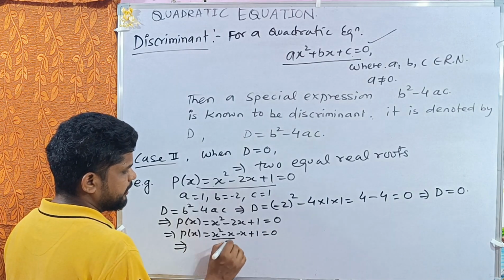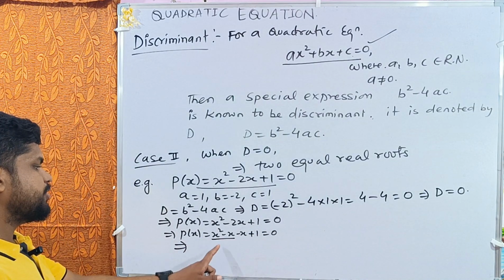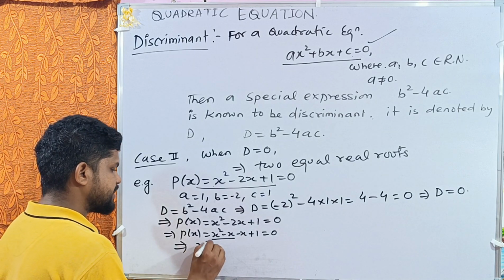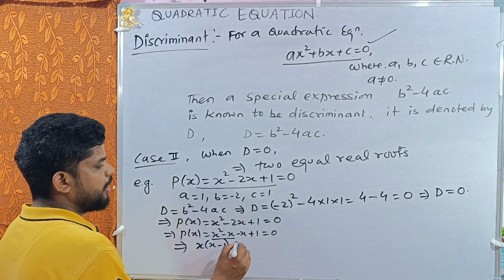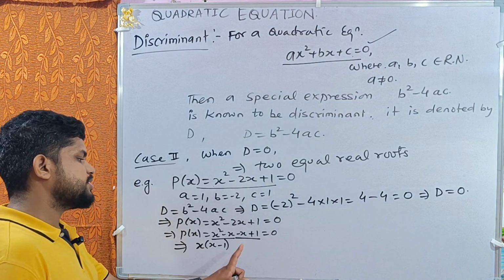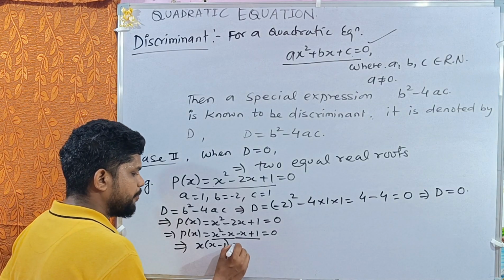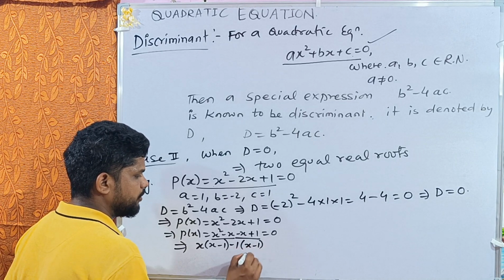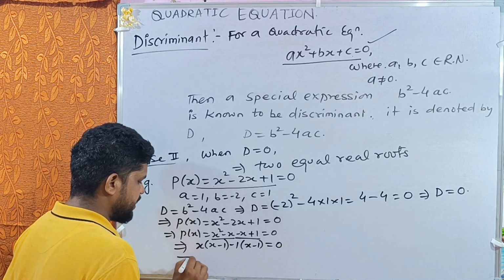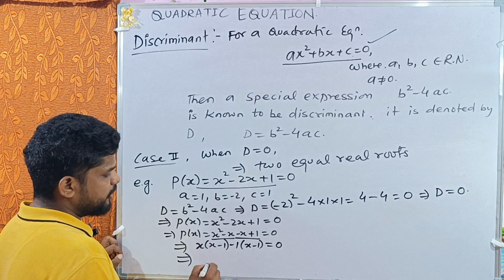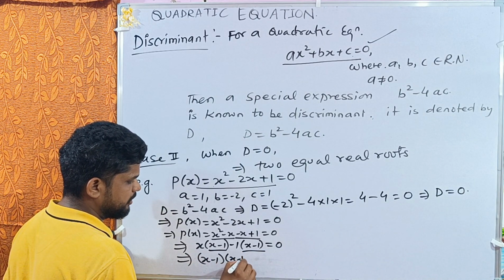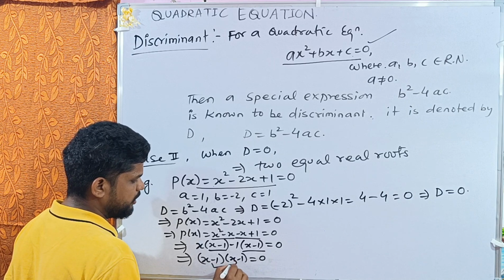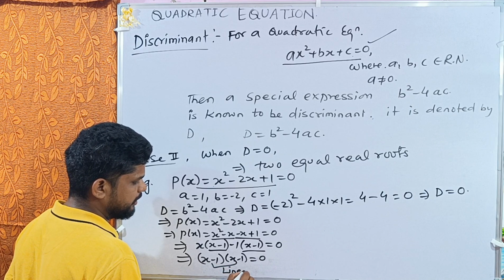Here by taking x common from the first two terms, we will get x minus 1, and taking minus 1 common from the last two terms, we will get minus 1 times x minus 1, okay, which is equal to 0. Here again taking x minus 1 common, we will get x minus 1 and x minus 1, and these are called the linear factors.